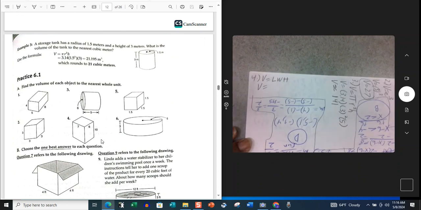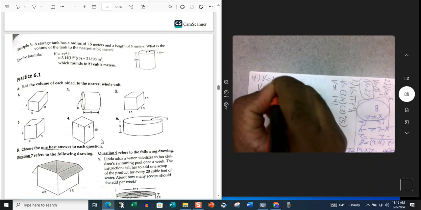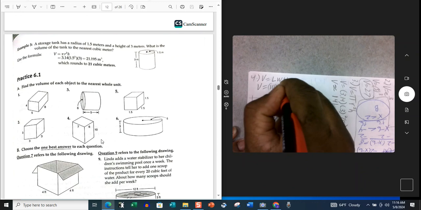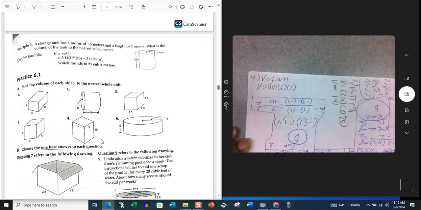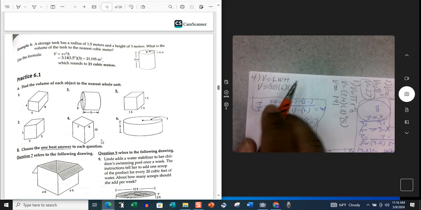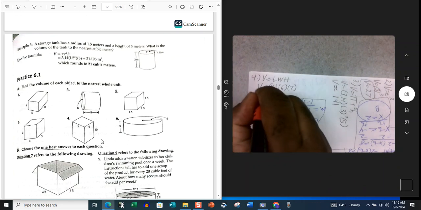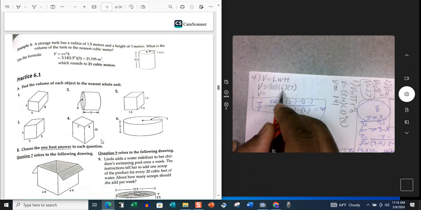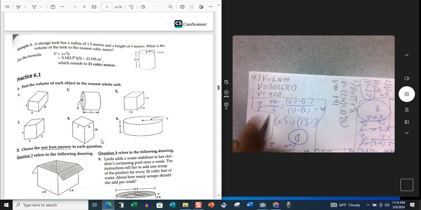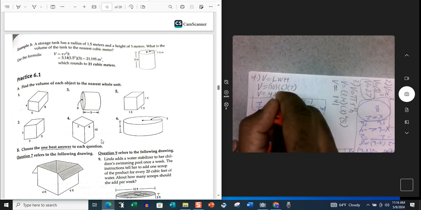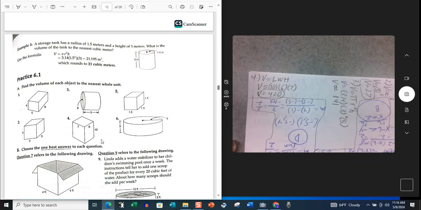The length is 10, the width is 6, and the height is 7, even though this has been turned around a little bit. So now we can multiply this out. 10 times 6 is 60, times 7 is 420. So our answer here would be 420 for the volume.